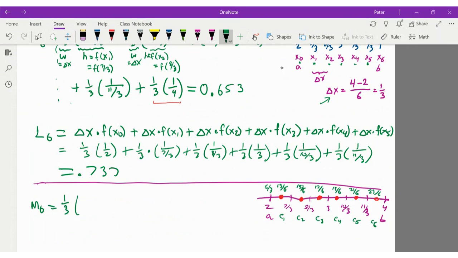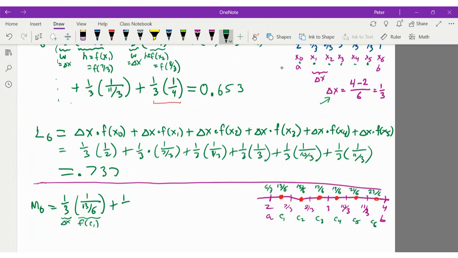1/(13/6). Once again, I'm just plugging in. This is delta x, and this is f of C1. So I'm plugging the center points into the original function, which is y equals 1/x.